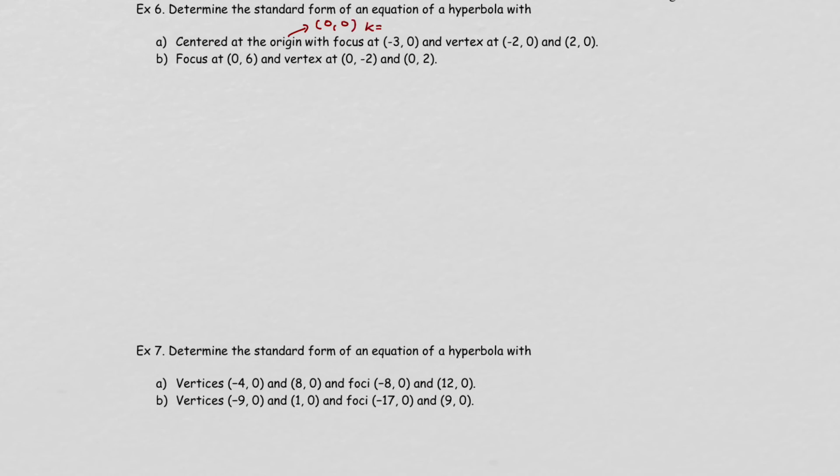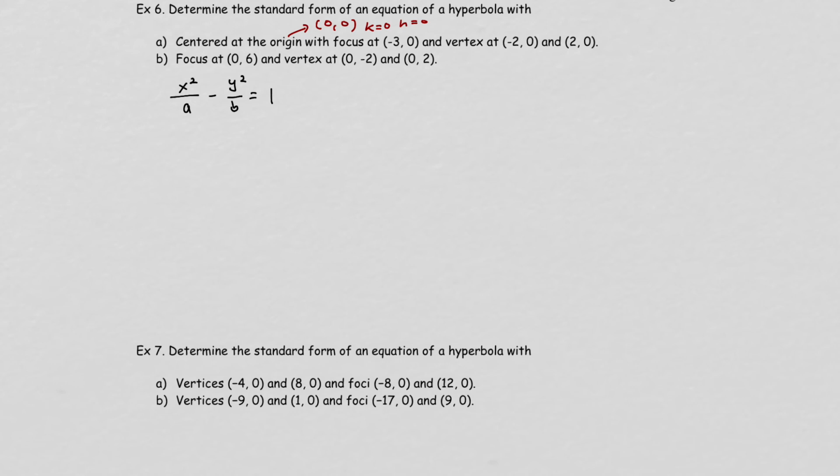K equals 0, h equals 0 in the formula, right? So that's the part that we don't have to worry about. It means we're going to have something that looks like x squared over a squared minus y squared over b squared equals 1. That's the format we're going to get.